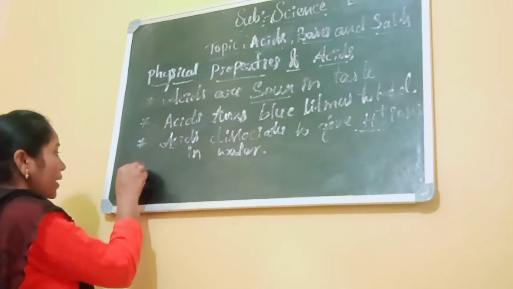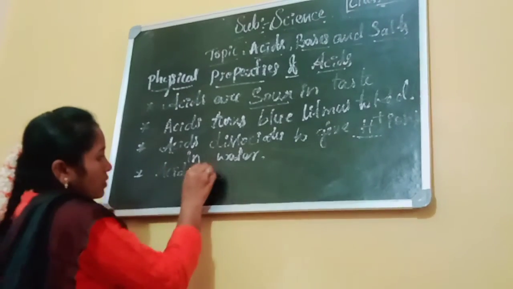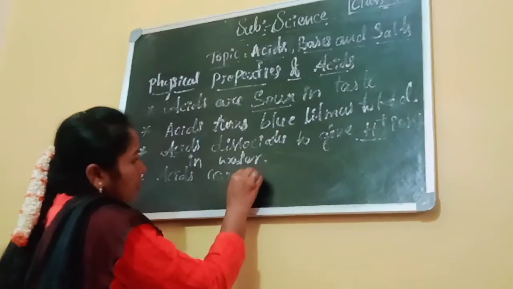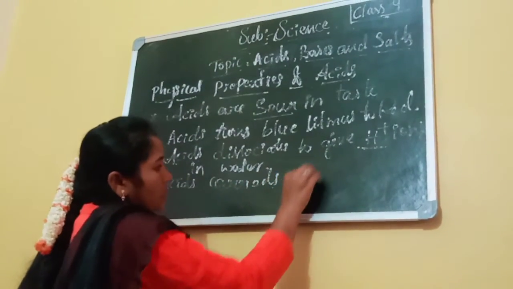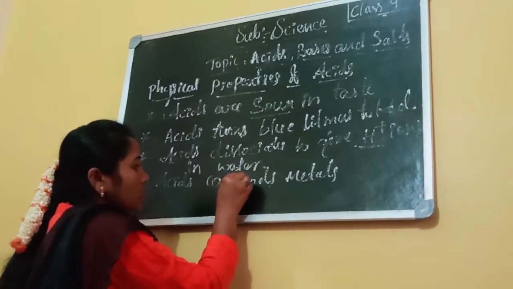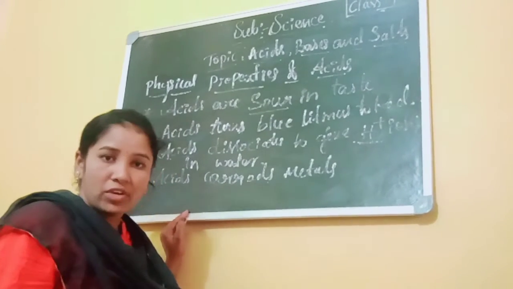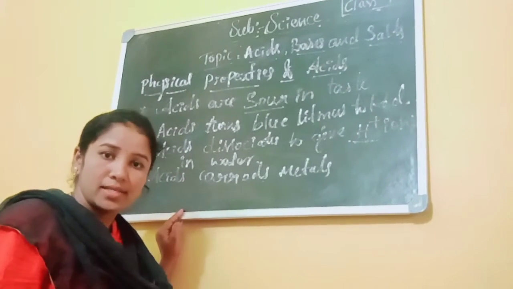And one more property: acids corrode metals. Corrode means what? Already in the last class you learnt the meaning of corrosion in chemical reactions and equations.